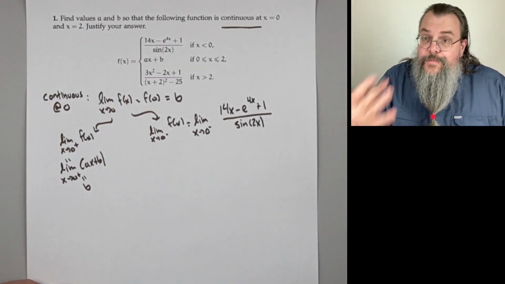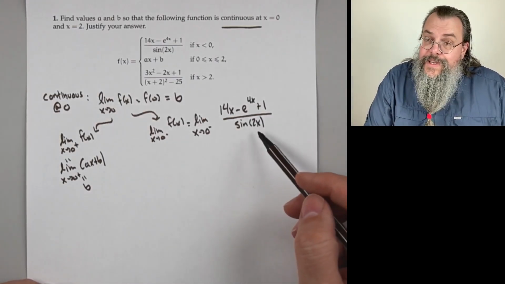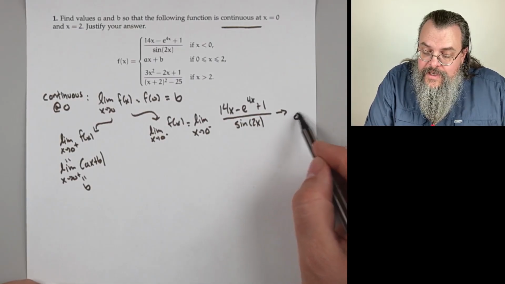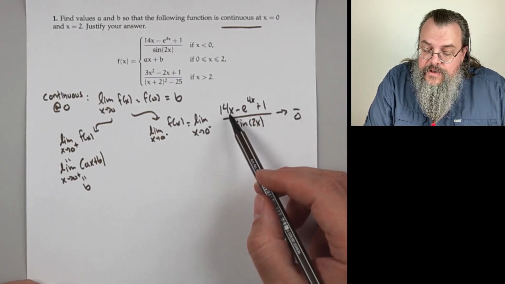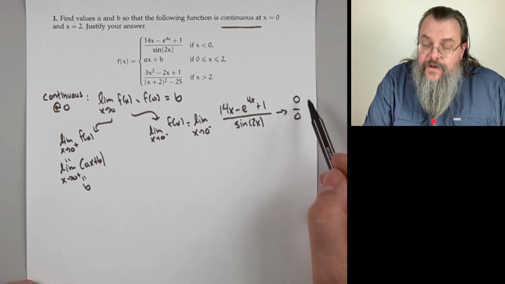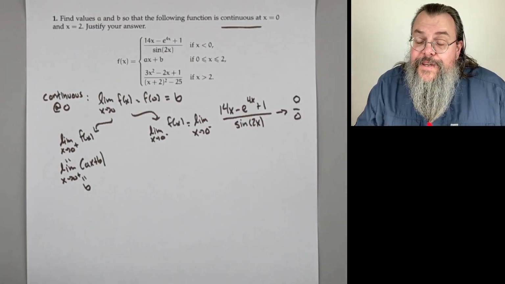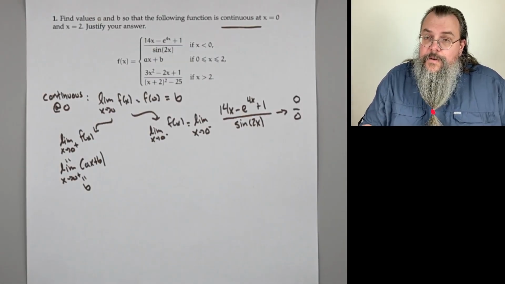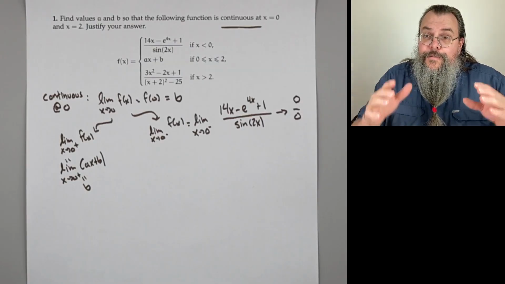Now, plug in 0. We see sine of 0 downstairs. Upstairs, 0 minus 1 plus 1. 0 over 0. What does that mean? It doesn't mean 1. It doesn't mean hopeless. It means more work.